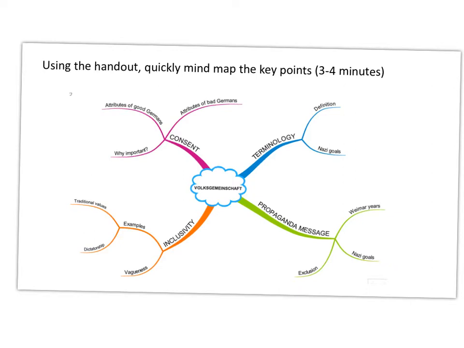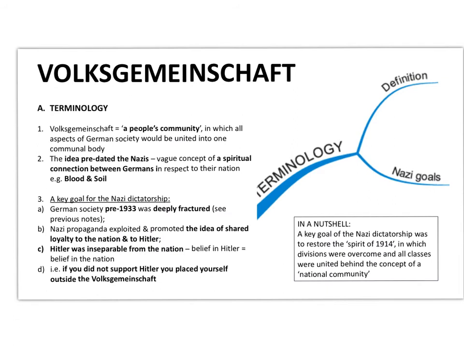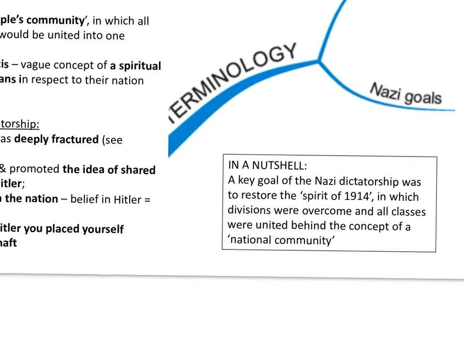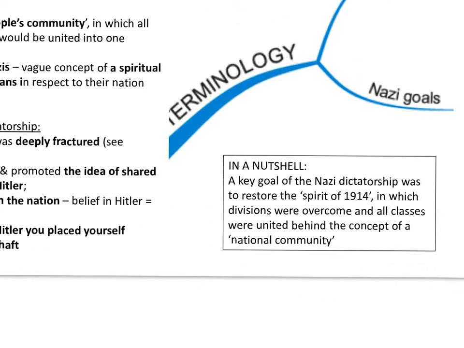Usual approach. We'll start off with the terminology, very brief in a nutshell here. Have a look at this particular strand. Nothing new, you know this. We've touched upon it time and again.